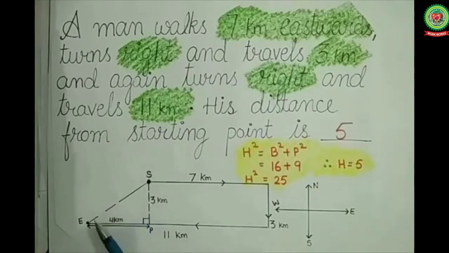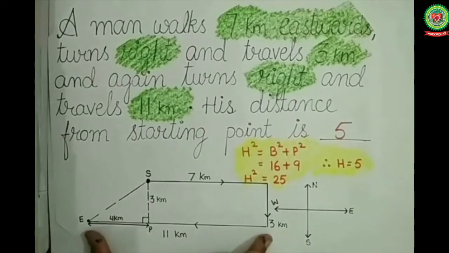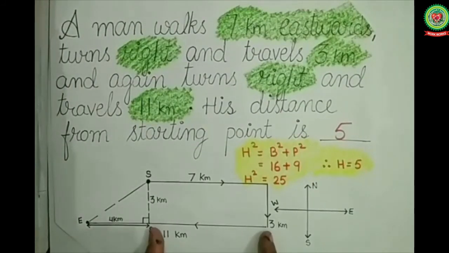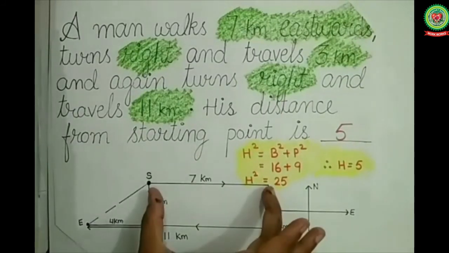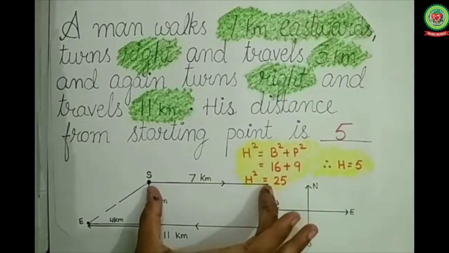Now students, let us join these 2 points E and S. Again, you have to draw a perpendicular from the point S. Now students, you know that this total distance is 11 kilometers. But this distance is 7 kilometers because this is 7 kilometers distance.